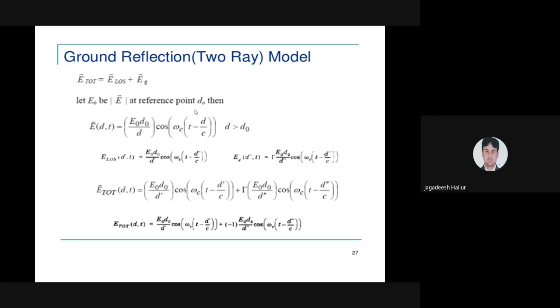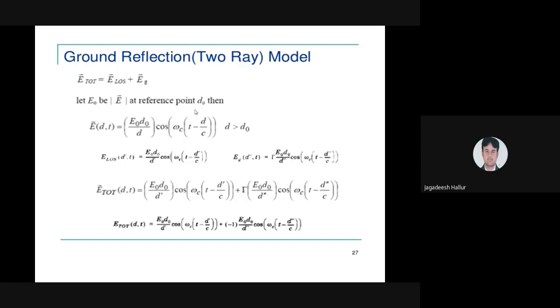I told you that if the wave is a ground reflected wave, many losses will be present. So gamma will become -1. If there is a gain, that becomes 1. If there are losses, that becomes minus.